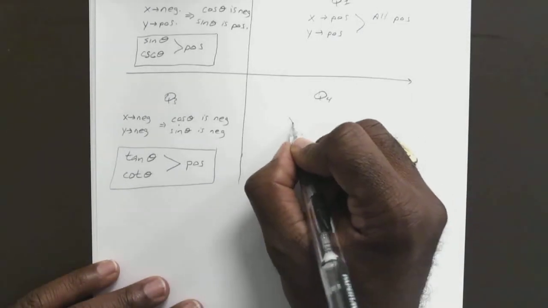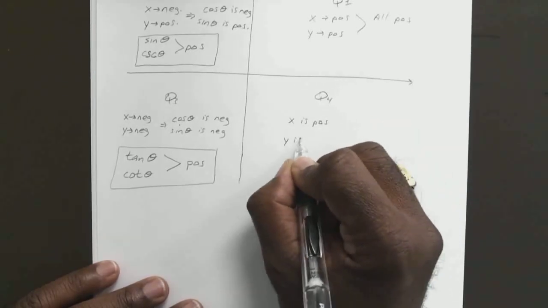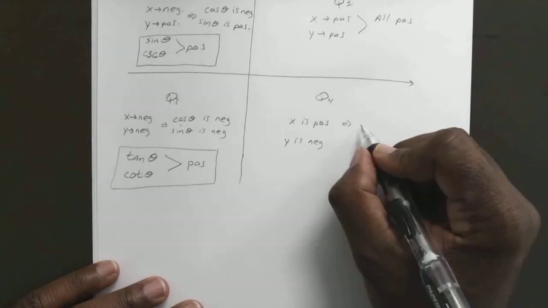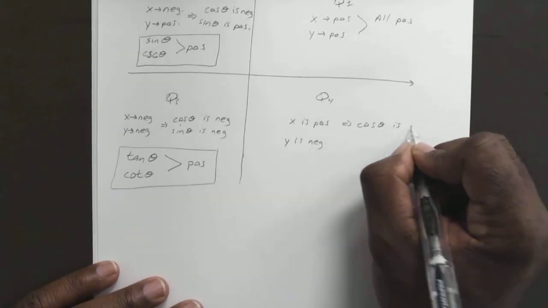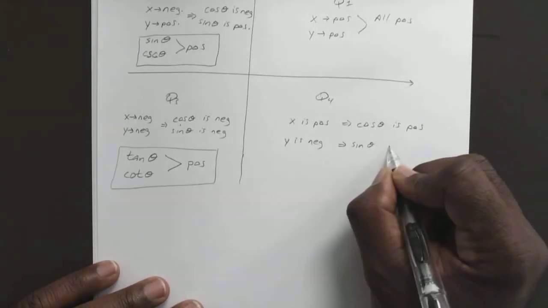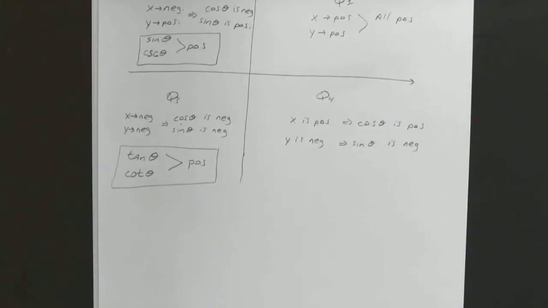All right. And in quadrant 4, x is positive and y is negative, which brings us to cosine of theta is positive and sine of theta is negative.